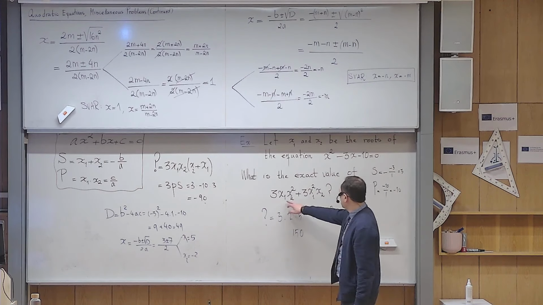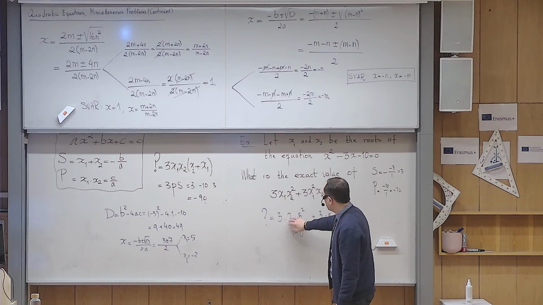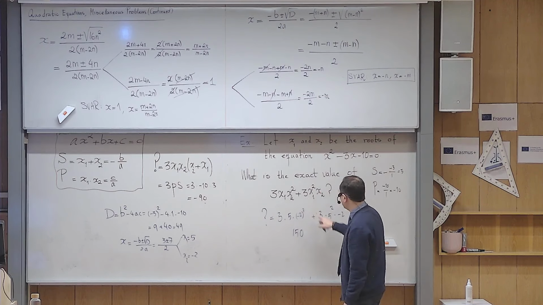Okay, let me double check this expression. 3 is 3. x1 is what? Yes, x1 is 5. x2 is what? Minus 2 to power 2. So far so good. 3 again. Yes, x1 is 5 to power 2. This is correct, yes?